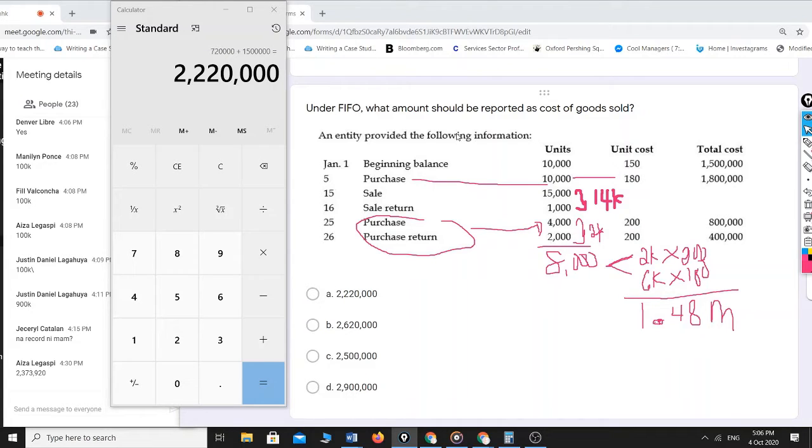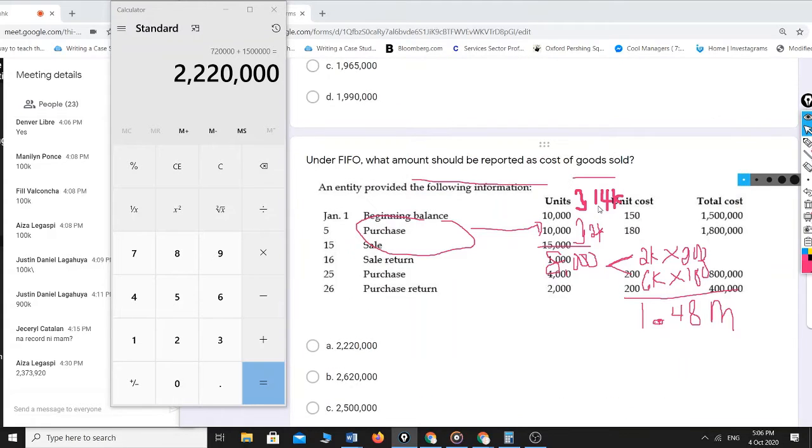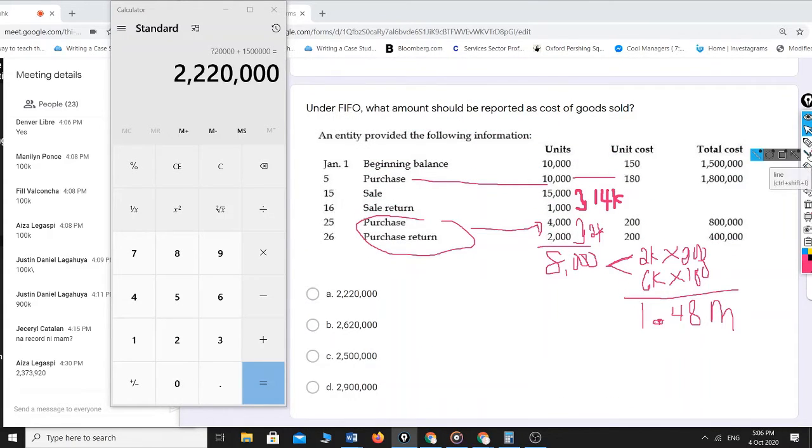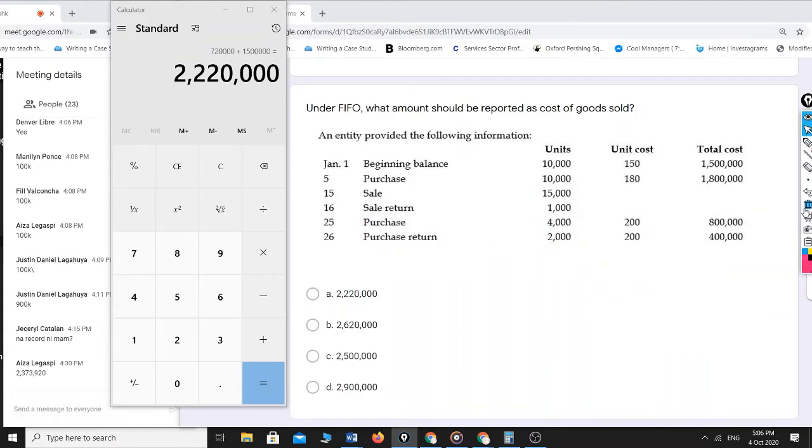Beginning balance plus purchases minus purchase return minus ending inventory. You will arrive with the amount of the cost of goods sold. So same ra gyapon ang makuha na amount. Okay, next.